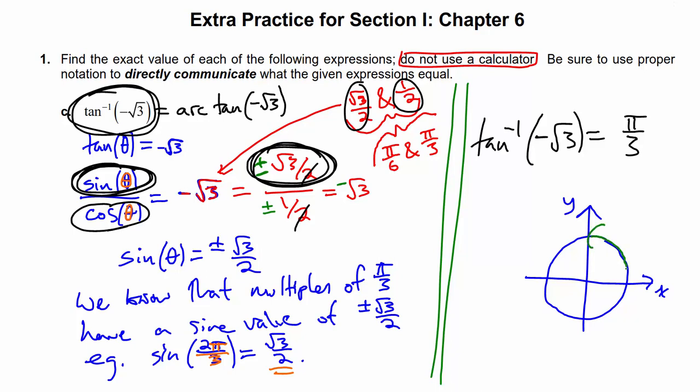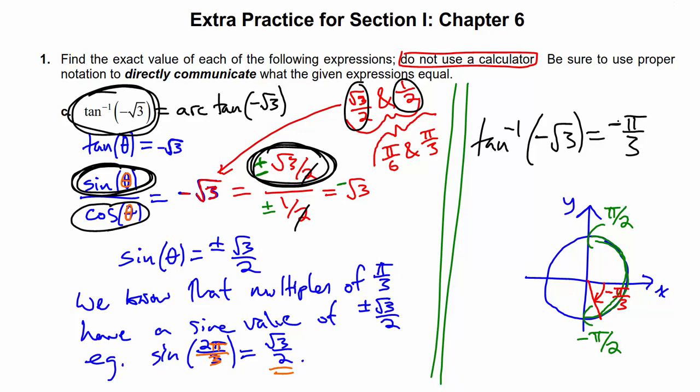It can only output values in the right hemisphere. We need values between negative pi over 2 and pi over 2. So the specific kind of pi over 3 angle we need has to rotate into quadrant 4 in this negative way. It's going to have to be negative pi over 3.